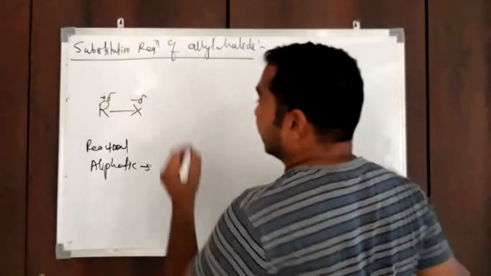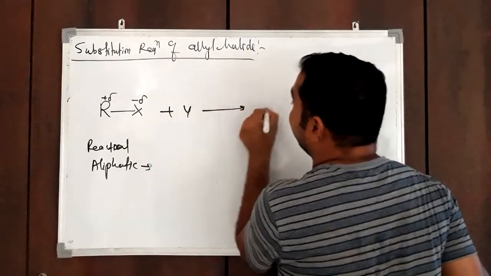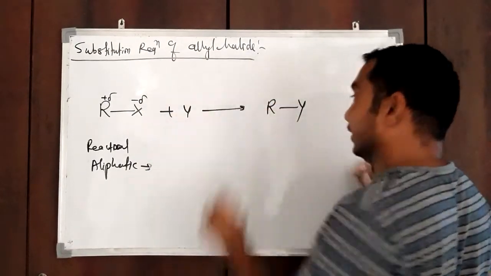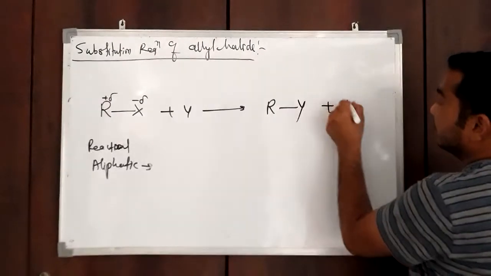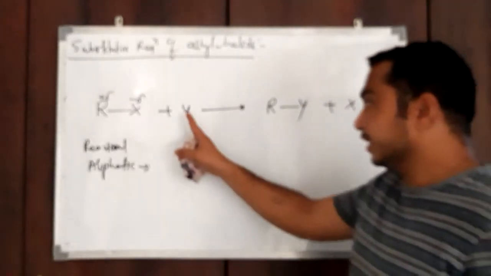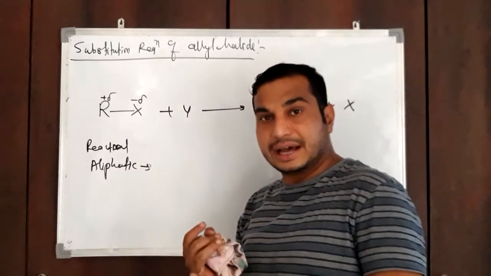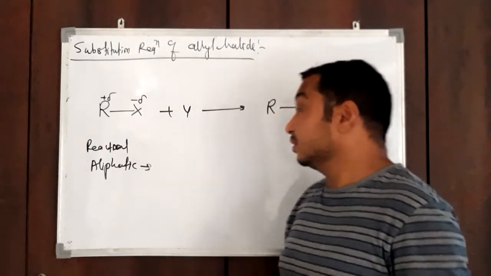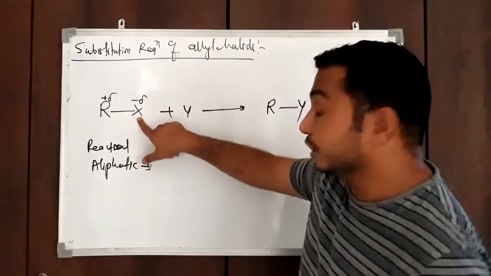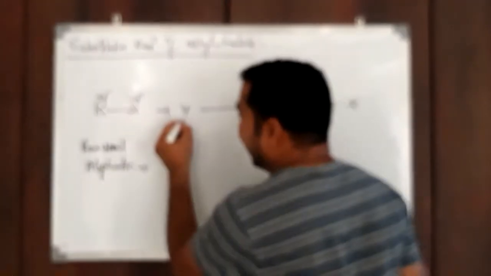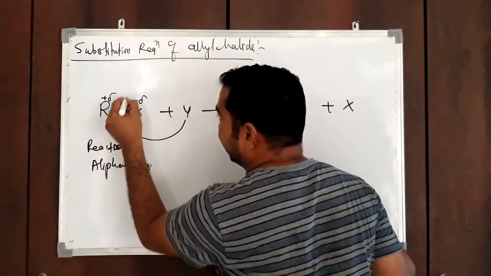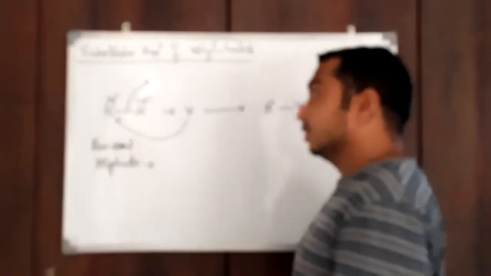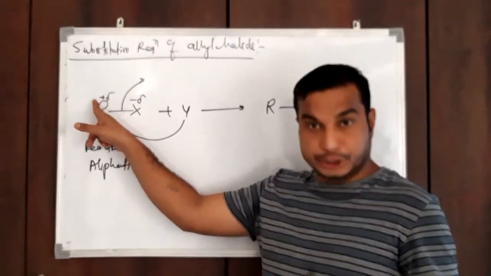See, this Y is replacing the halogen atom of the alkyl halide. Tell me what will be the nature of Y? Reagents are of two types, either electrophile or nucleophile. What is Y? See, this halogen atom is negative, and Y is approaching this R and replacing X. We know R is already positive.